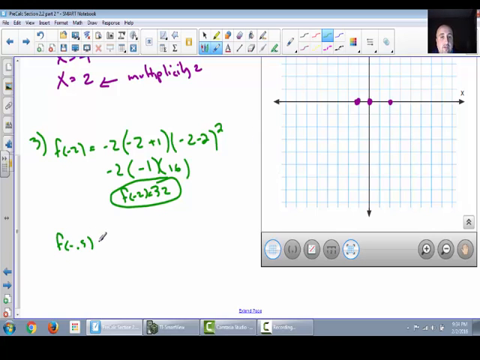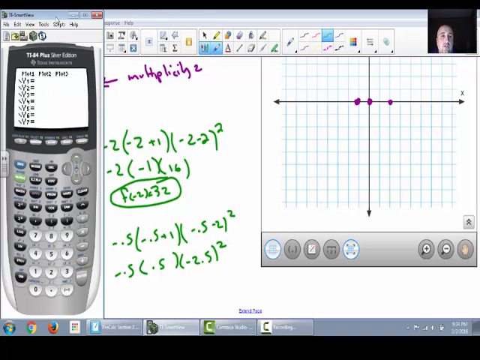We're going to plug in negative 0.5 where the negative 2's were. So negative 0.5 times negative 0.5 plus 1, times negative 0.5 minus 2 squared. Negative 0.5 plus 1 is 0.5, and negative 0.5 minus 2 is negative 2.5 squared. We're going to use our calculator for this one because of the decimals.